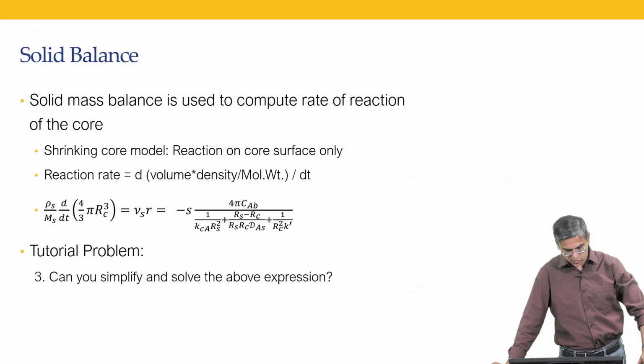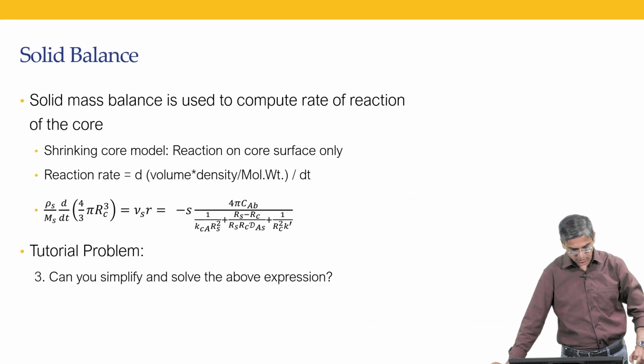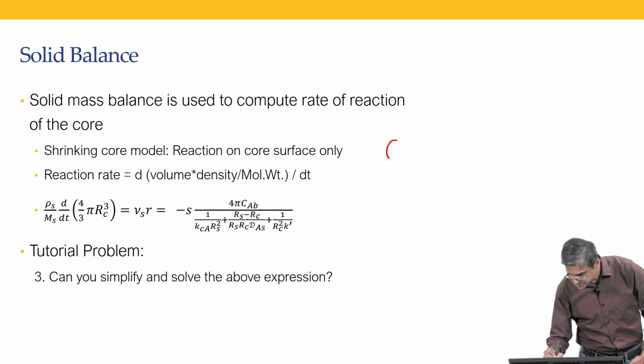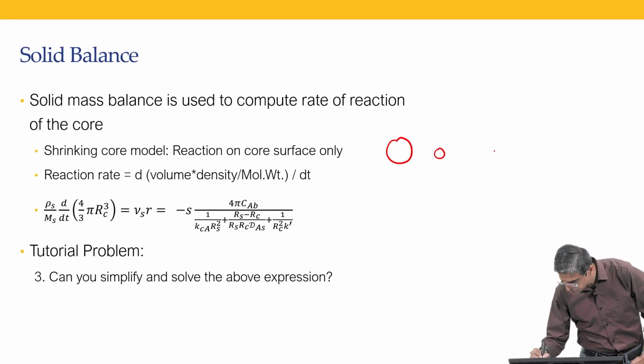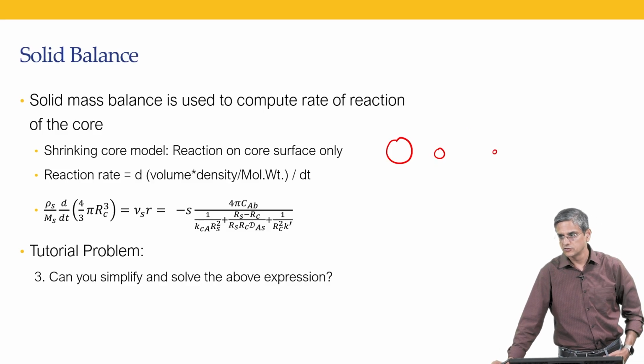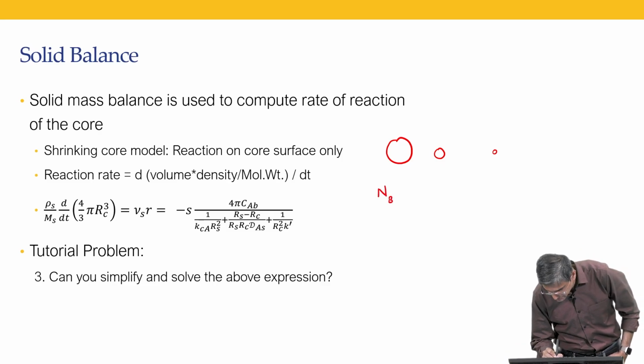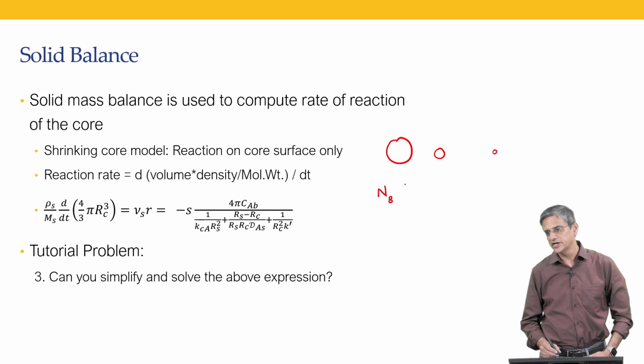So, in the dissolution model that you did in the tutorial, as the size changes, the amount of material that is present over there is reducing. Okay. So, let us say that NB is the number of moles at any point of time.